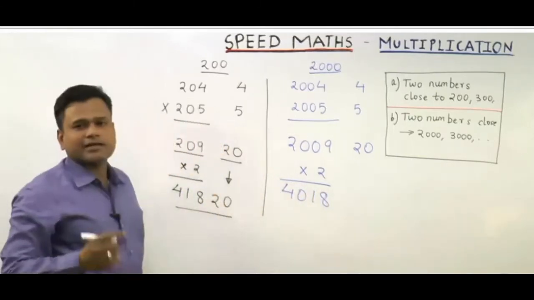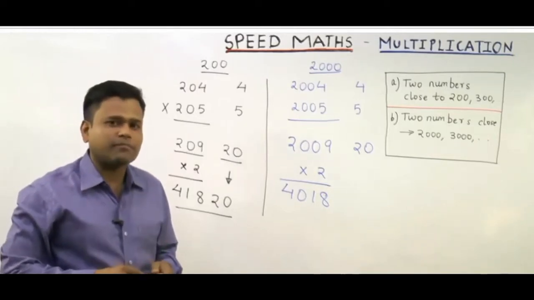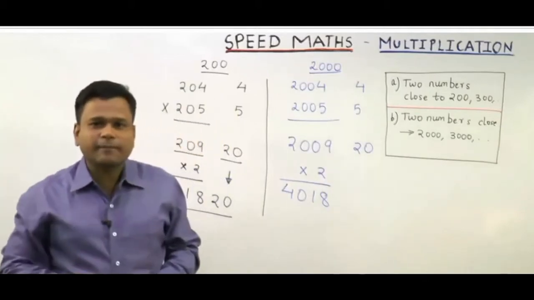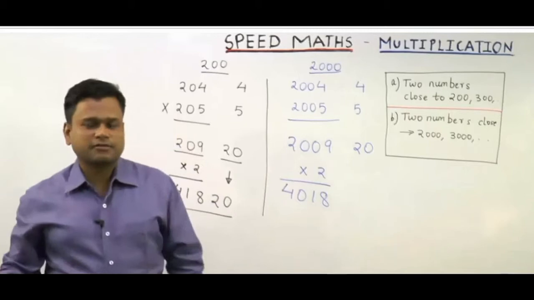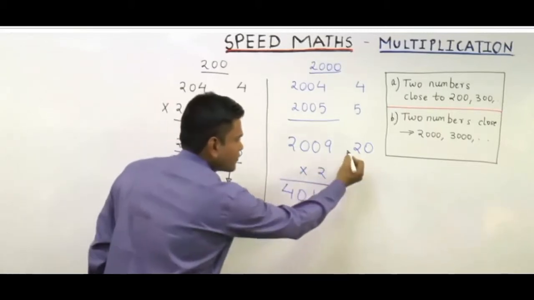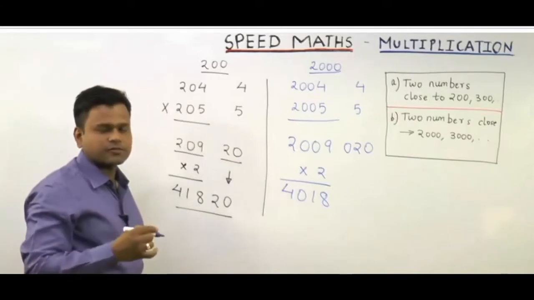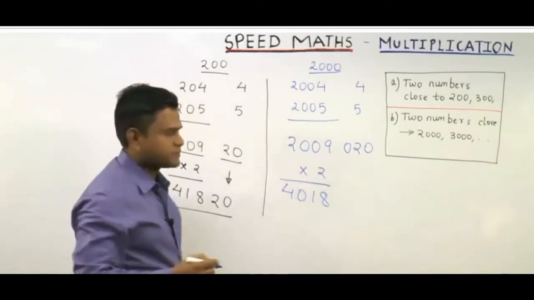But then that's what we had discussed in numbers close to 1000. When we take up the second part, my number here contains 3 zeros. That's an indicator that my second part should be a 3-digit number. 20 is a 2-digit number. Put it in the form of a 3-digit number by prefixing 0. That will obviously not change the identity of the number.